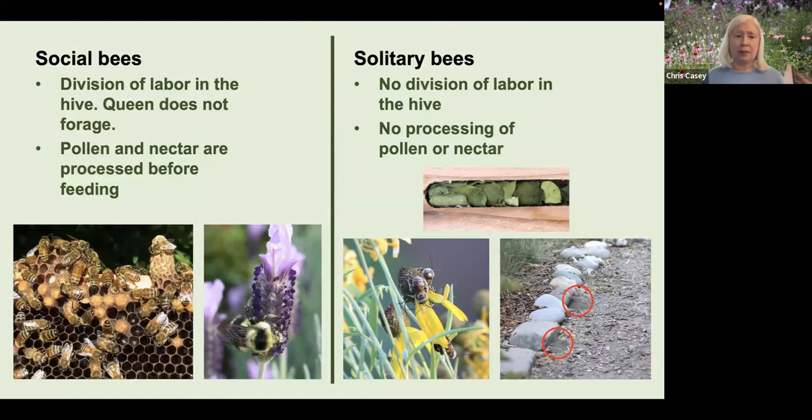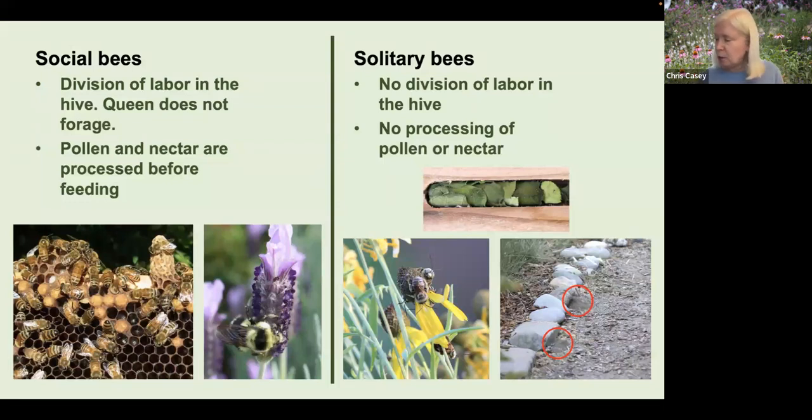And both these reasons, the fact that the queen can be replaced and the lack of processing of those food materials, really points to our solitary bees as being at risk from habitat loss, environmental issues, that kind of thing.